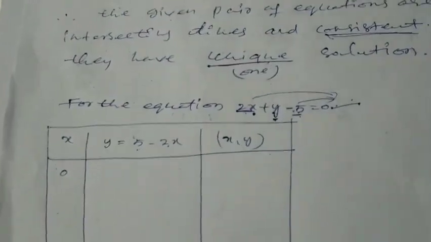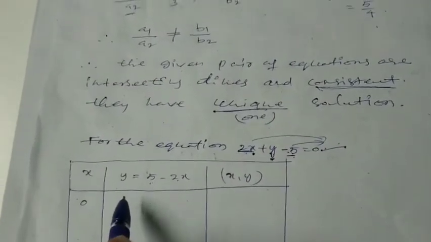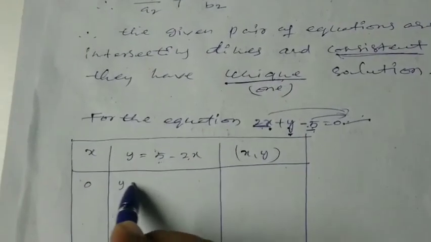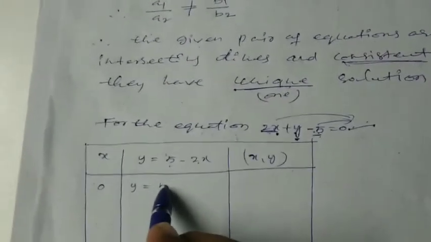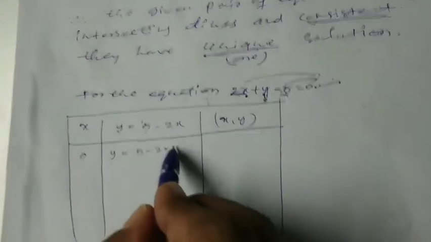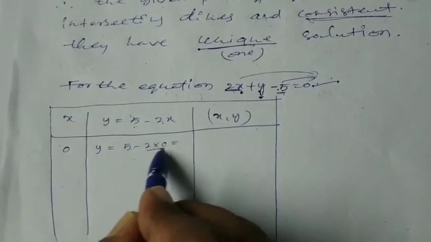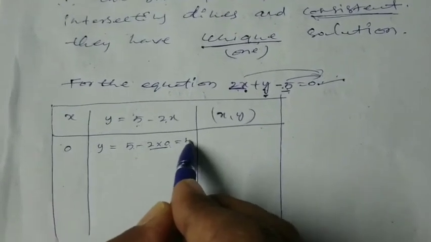We can take x equal to 0, 1, 2, 3. If x equals 0, y equals how much? y equals 5 minus 2 into 0, which is 5 minus 0 equals 5.